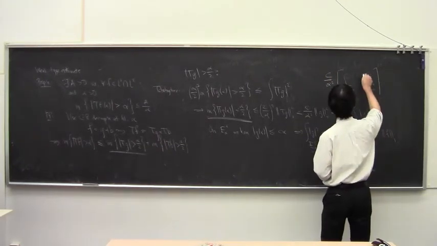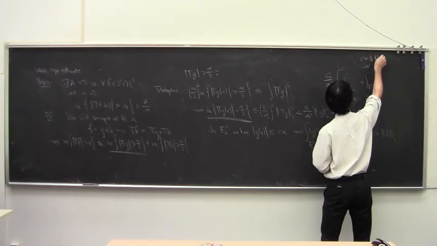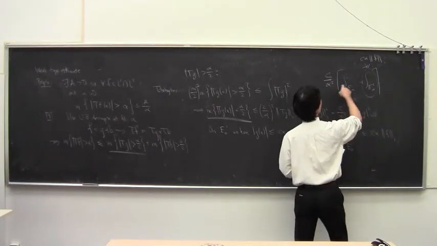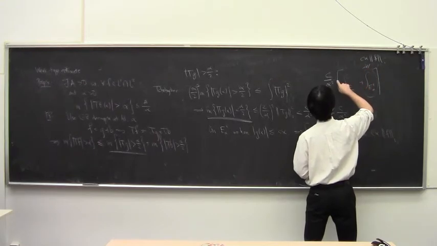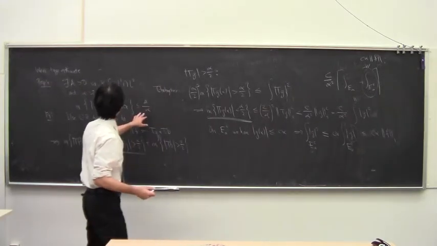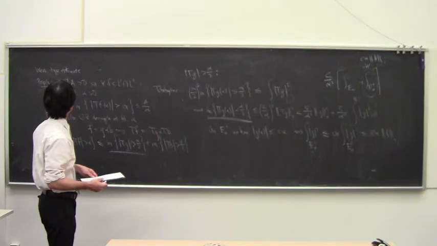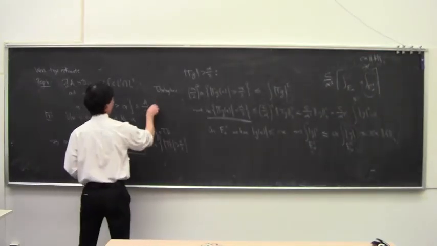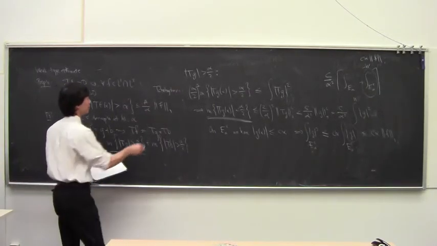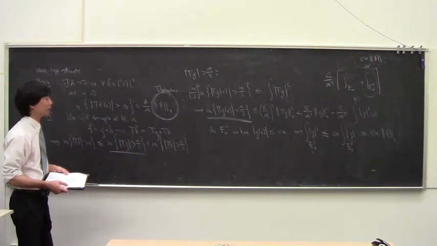And we've just shown that this piece is controlled by C alpha times the L1 norm, so this piece is controlled by C over alpha times the L1 norm, which is what we're hoping for.